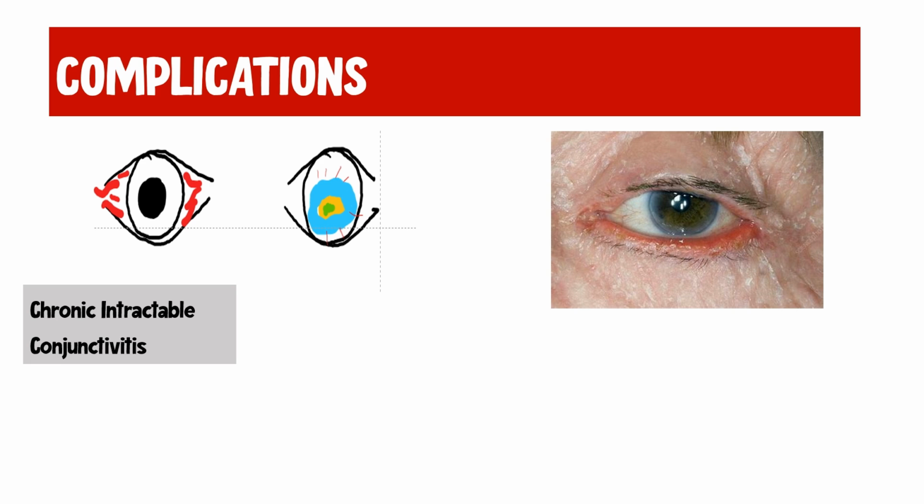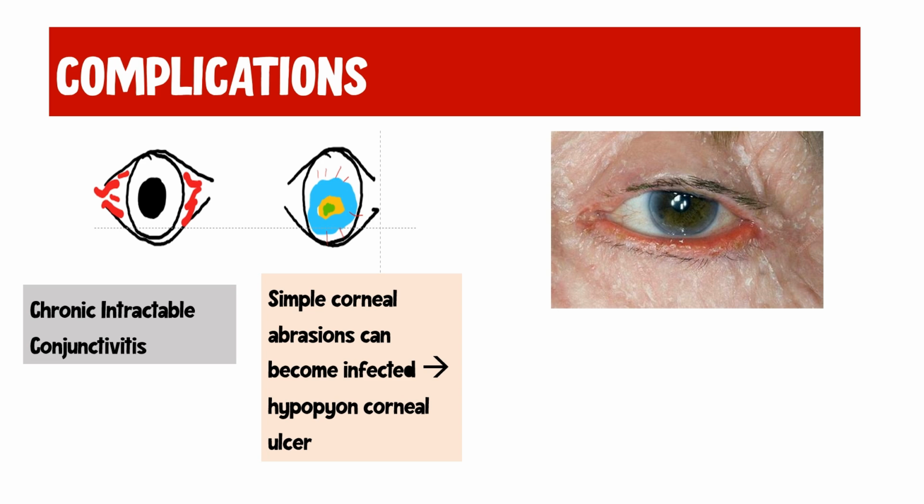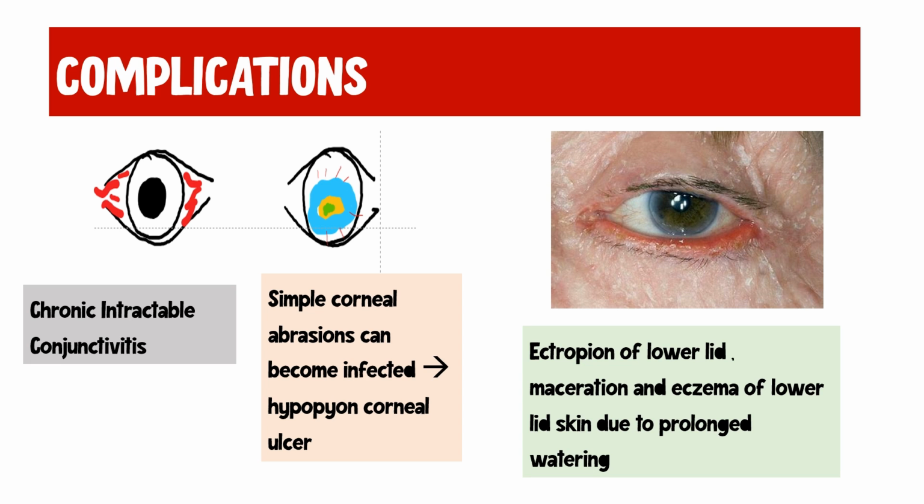So even if you keep on giving the patient topical antibiotics, the conjunctivitis will not resolve. Now, apart from that, even the cornea can get infected. If you have some simple corneal abrasions because of trauma or any other reason, those simple corneal abrasions can get infected, and the patient can actually develop a hypopyon corneal ulcer.